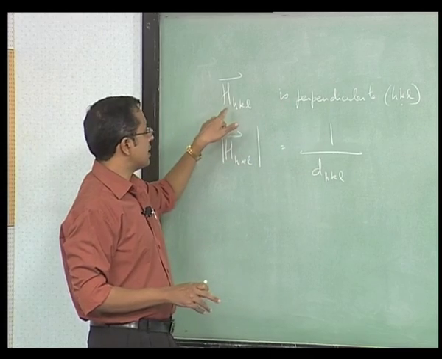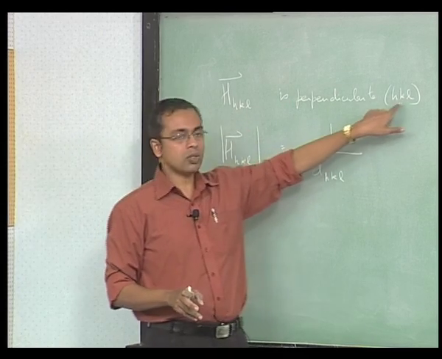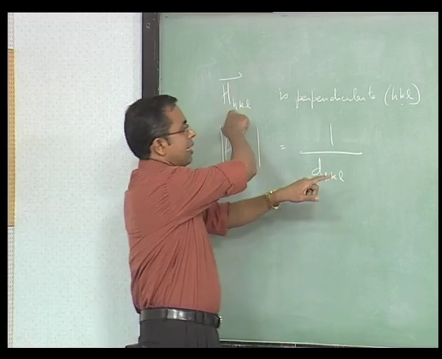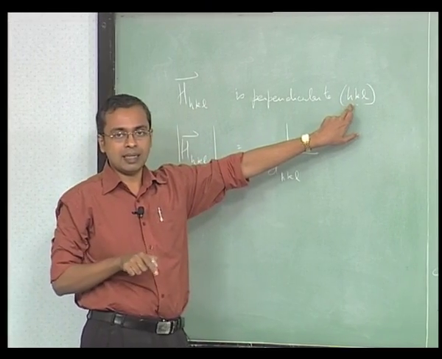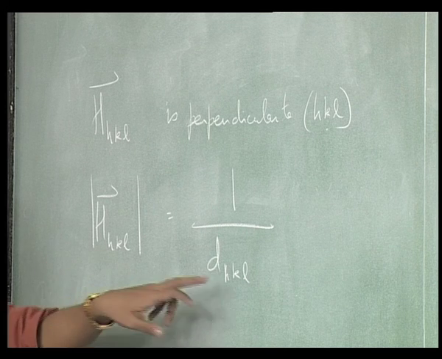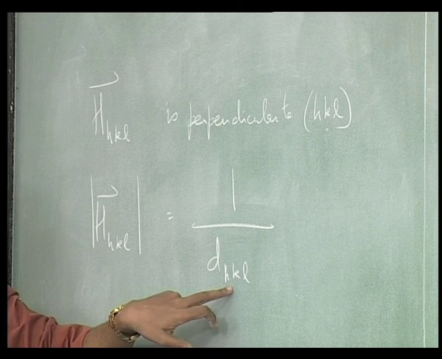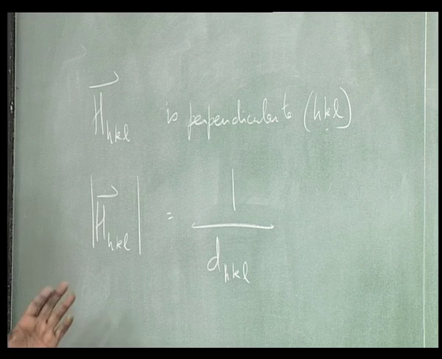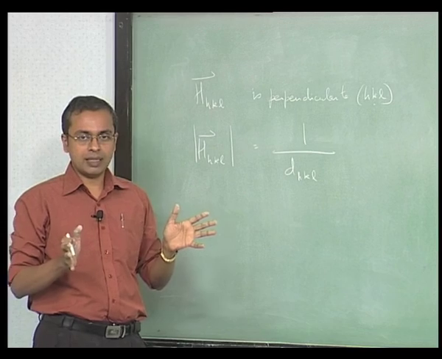The vector HHKL is perpendicular to the plane HKL, and the modulus of the reciprocal lattice vector is 1 by the spacing between those HKL planes. Okay, so this is the framework of our reciprocal space.